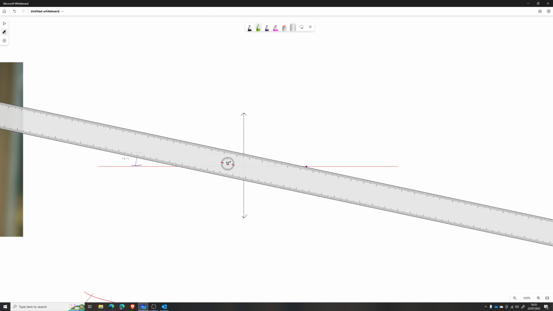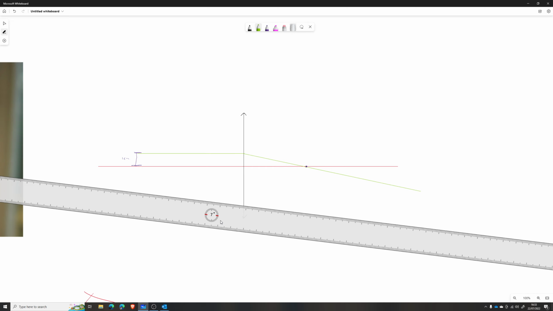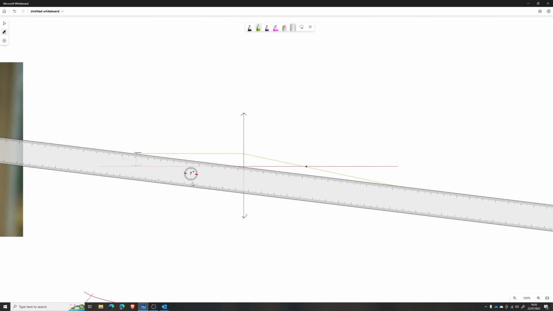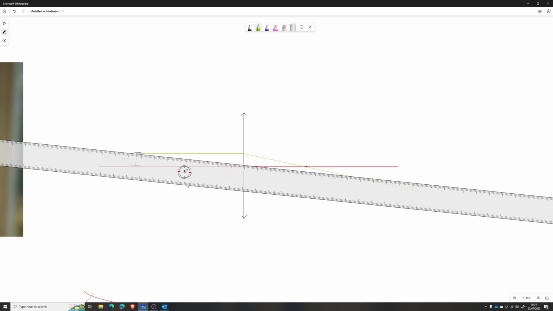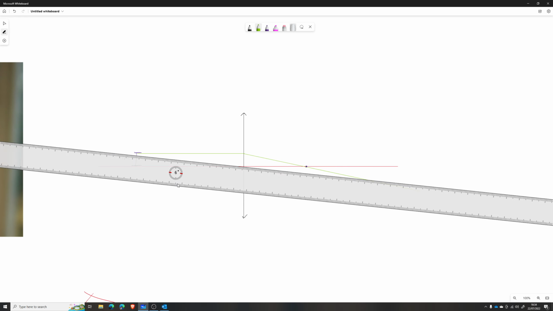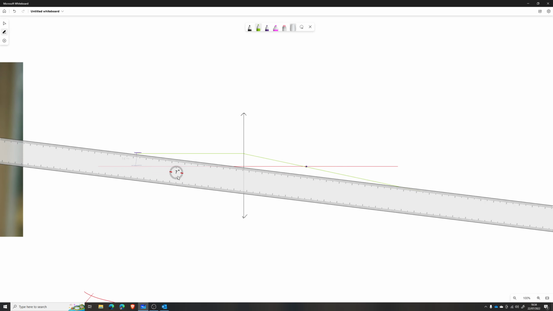Rays parallel to the principal axis must pass through the focal point. So that's that one. The second ray that we're going to draw is the one that passes through the center of the lens, and those do not change direction. So again, nice and predictable.